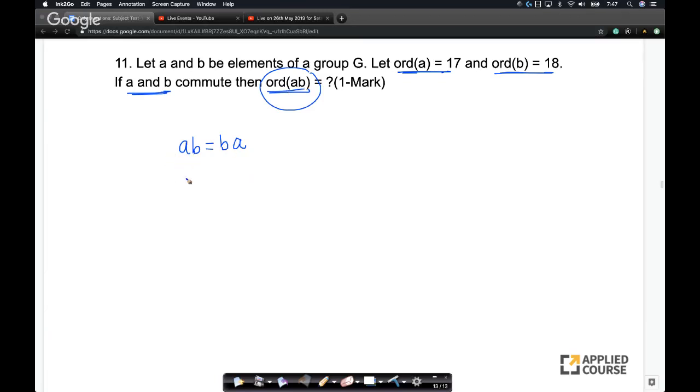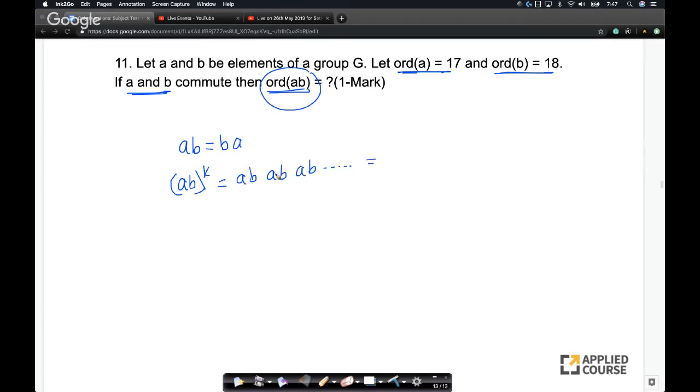Because of this, I can write (AB)^k equals A^k B^k. What is (AB)^k? It is AB times AB times AB, and so on.